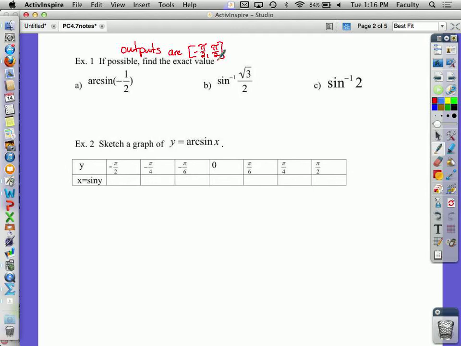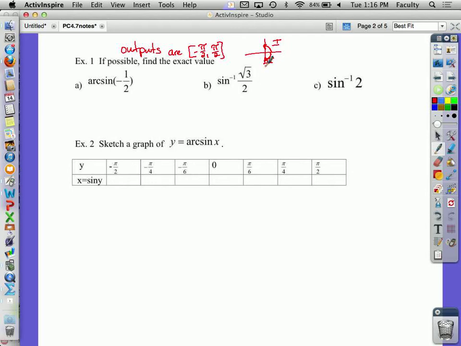Anybody? First and fourth. However, its values are 0 to pi over 2 and 0 to negative pi over 2. So is it appropriate to say 5 pi over 3? No, because that's not in between negative pi over 2 and pi over 2.